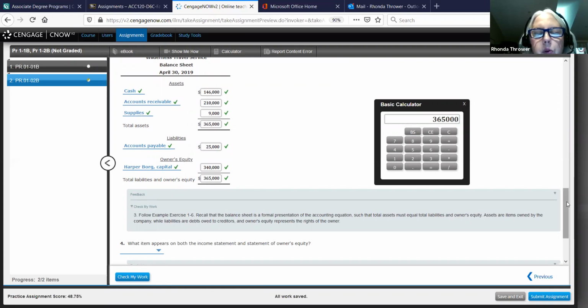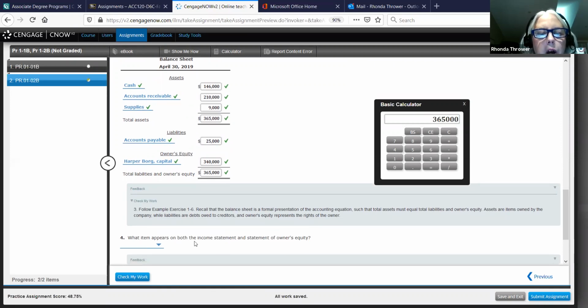Now in part 4, they're asking you what items appear on both the income statement and the statement of owner's equity. And they give you a drop-down list here, and out of this, which appear on both the income statement and the statement of owner's equity.